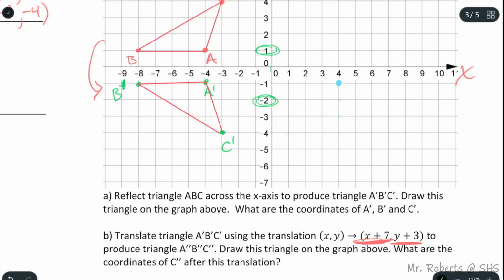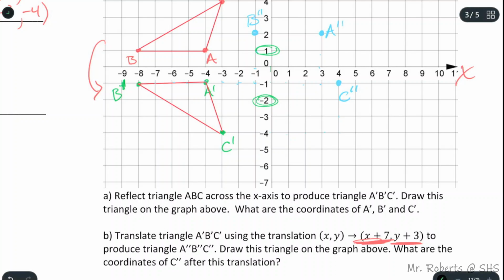This right here should be my point C double prime. Same thing, 1, 2, 3, 4, 5, 6, 7, and then I'm going to go up 1, 2, and 3. This should be my point A double prime. And then same thing with B, over 1, 2, 3, 4, 5, 6, 7, and up 1, 2, and 3. So B double prime is going to live right there at negative 2, comma 1.